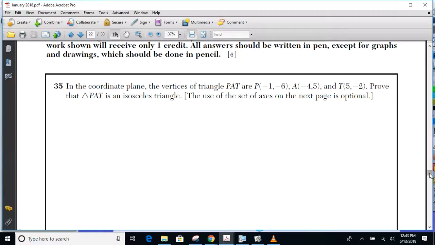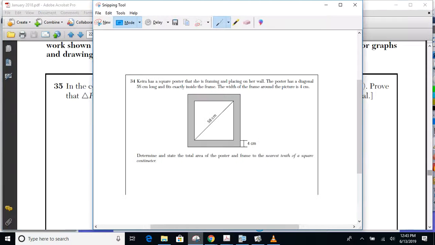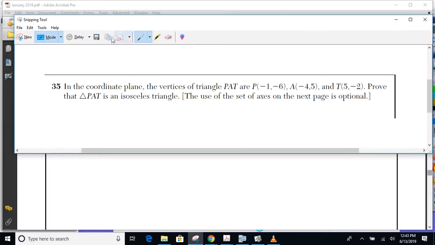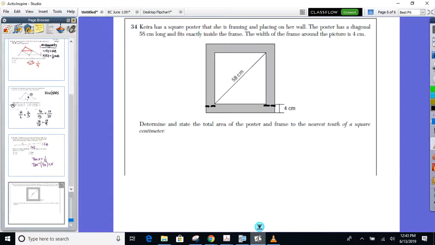Okay, there we go. So if you haven't done it, it might be a good idea to get those coordinates set up.